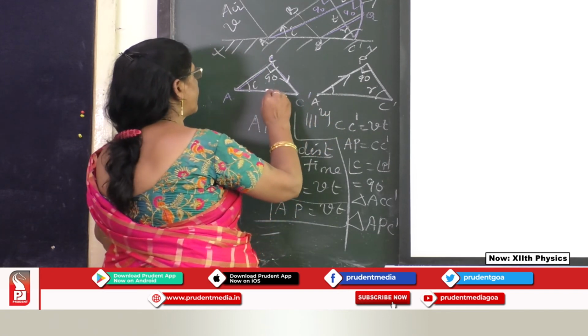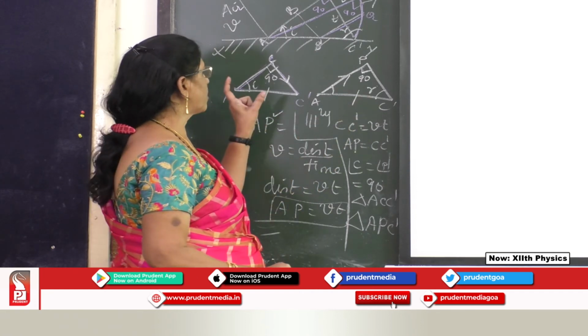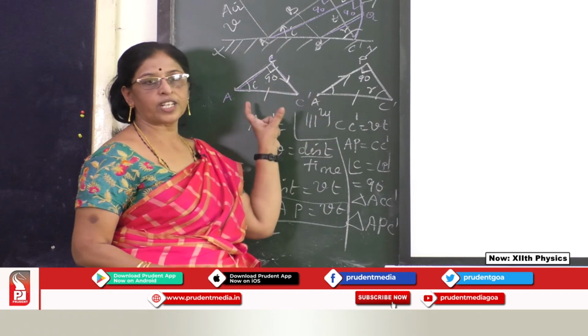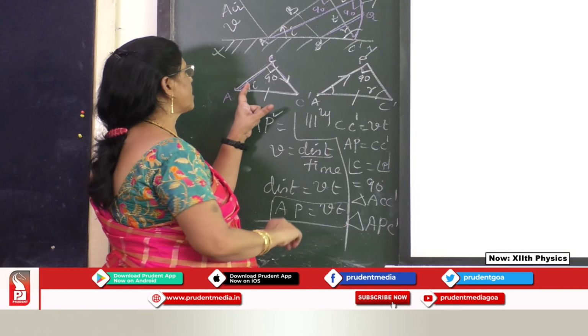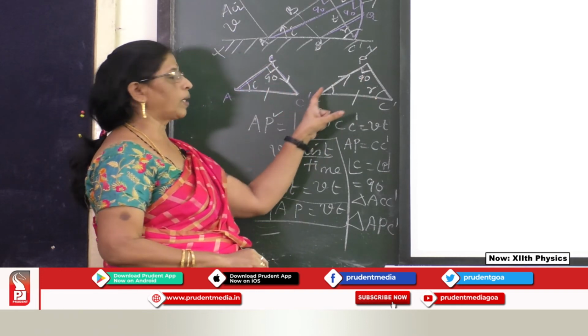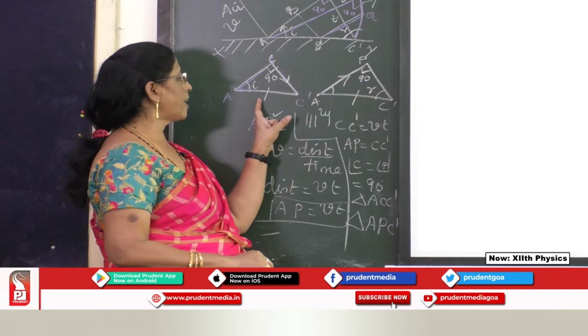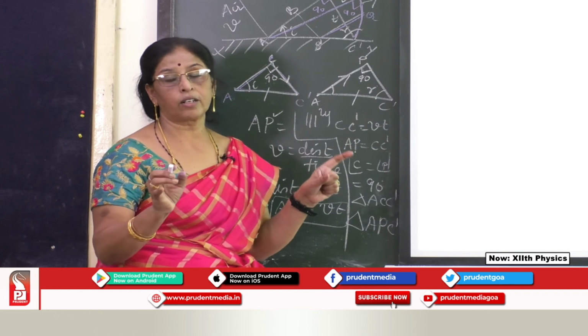Which is the common side? AC dash. Okay. So, these two triangles are congruent. Because this angle is 90, CC dash equals AP, and AC dash is the common side for both the triangles. So, both the triangles are congruent.